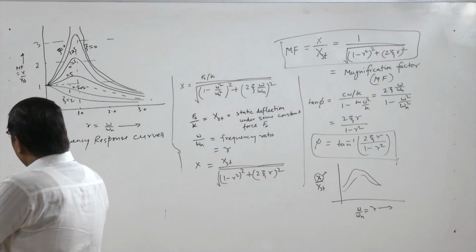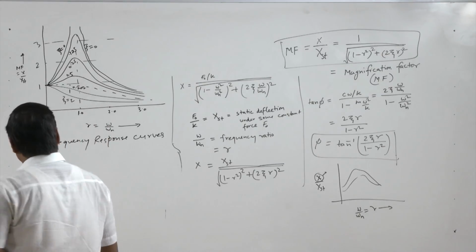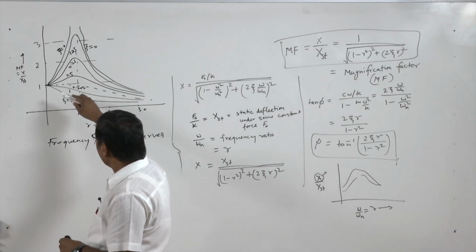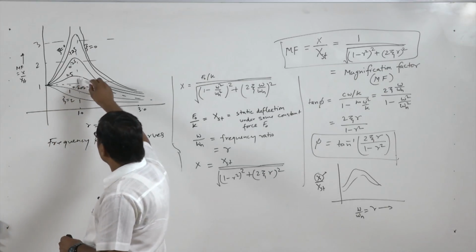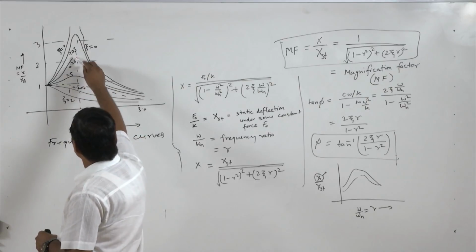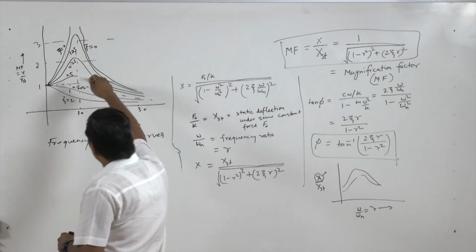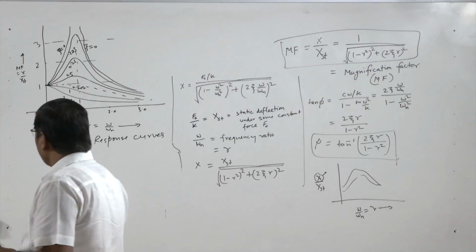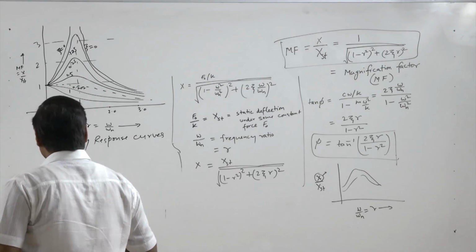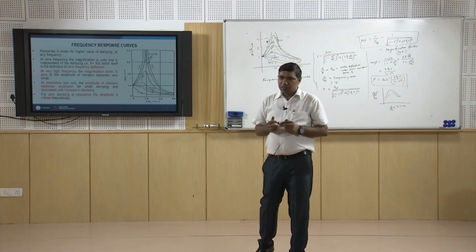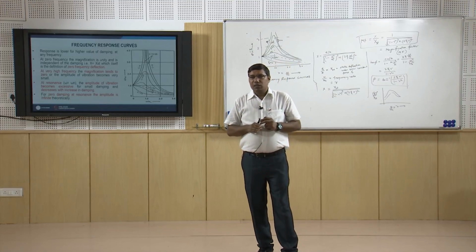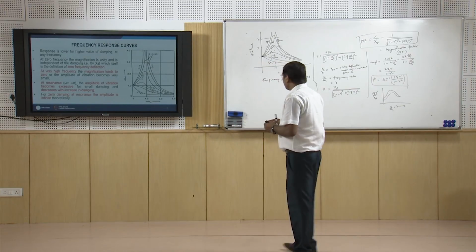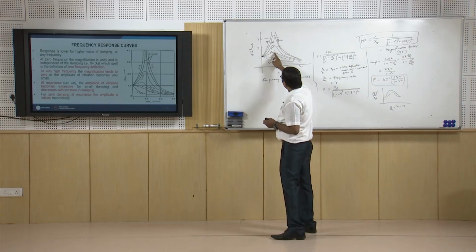and moreover we can see that there are some peaks occurring. Here are the peaks for zeta 0.5, 0.25, and so on. We see that the maximum response is not taking place at r equal to 1, meaning at resonance the maximum is not taking place, but the maximum occurs a little earlier than the resonance point.